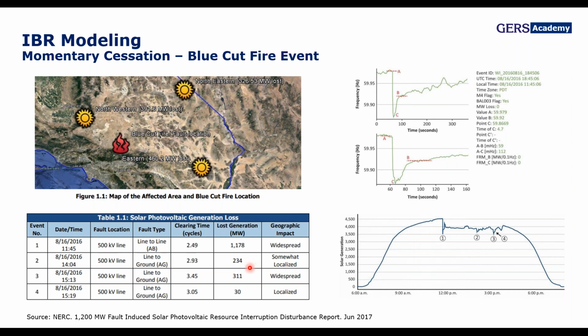So the system just lost around 1200 megawatts. That caused a large frequency imbalance. So it's very relevant to set those momentary cessation conditions correctly. We'll probably talk more about this in the next webinar.